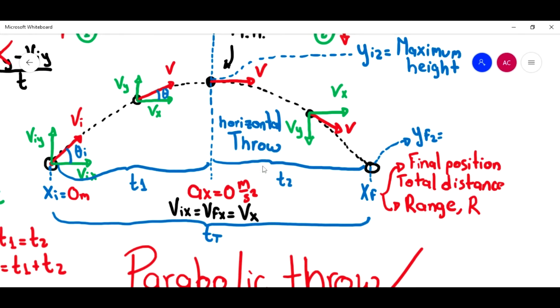Remember that we are going to use total time, not time 1, not time 2. Time 1 is the time it takes the object to reach the maximum height. Time 2 is the time it takes the object to go from the maximum height back to the initial height.